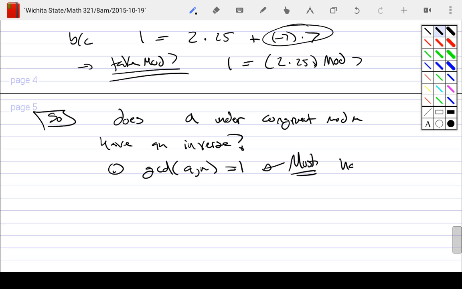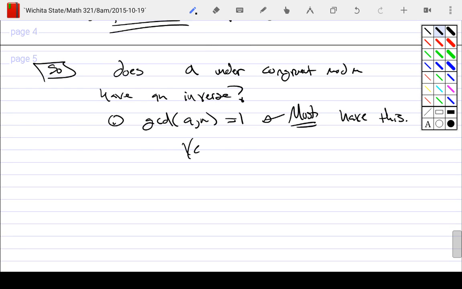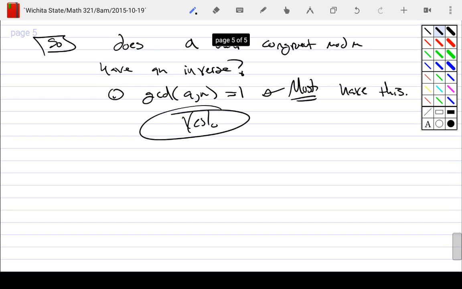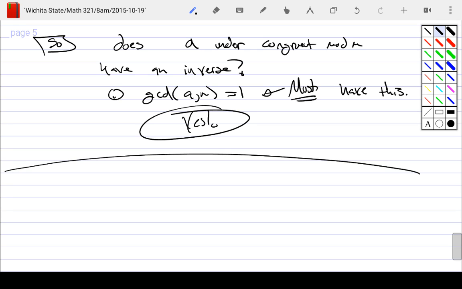Must have this. And then the answer will be yes. If the modulus and your number are relatively prime, the answer will be yes. A will have an inverse. And then what do we have to do? Use Bezout's identity to find the number in front of it. So that gives us the ability to find inverses.